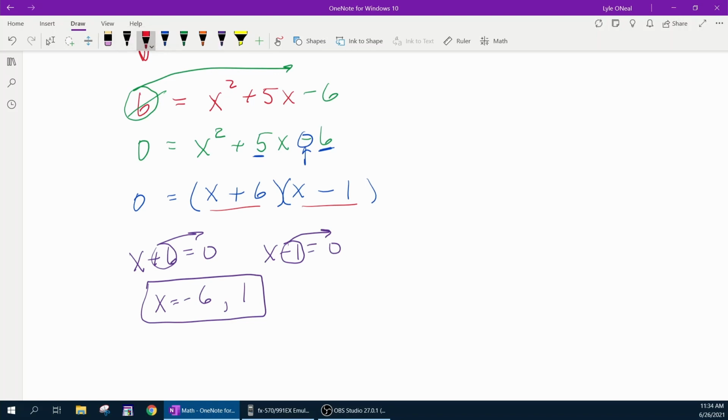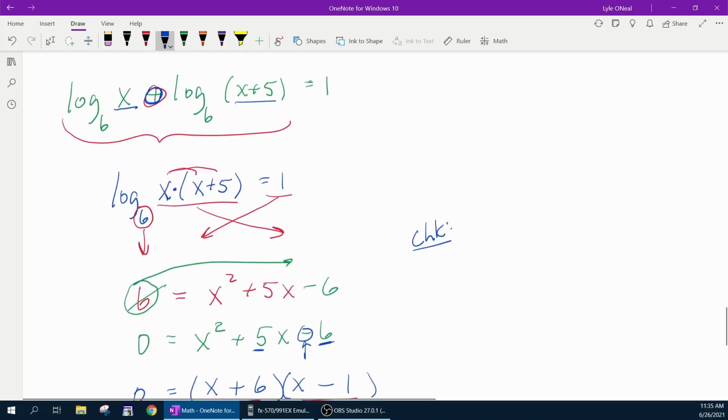If you remember what I said earlier, I said most of the time, not always, but most of the time, when you get two solutions for a logarithmic equation, one of them is usually garbage, and it is usually the smaller answer. So what we need to do is check both of these solutions to make sure that the negative 6 really doesn't work and to make sure that the 1 really does work.